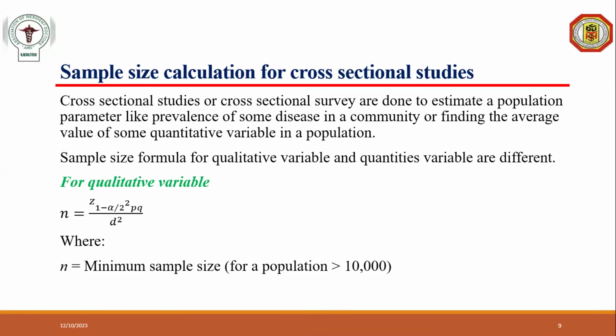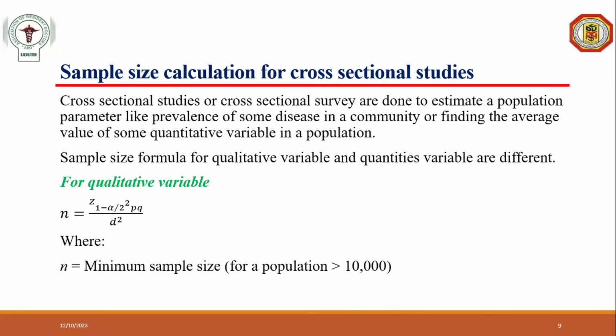And also you have to know the size of your population. What is the size of your population? Is your population up to 10,000 or is it less than 10,000? In any case, if your population is less than 10,000, you are going to still use this formula, and later on you will use a correction formula to correct the sample calculation.